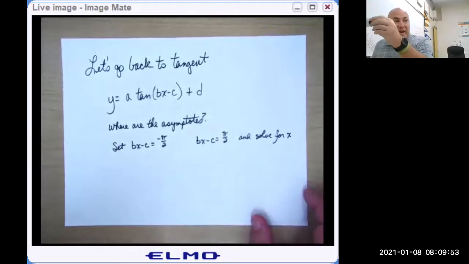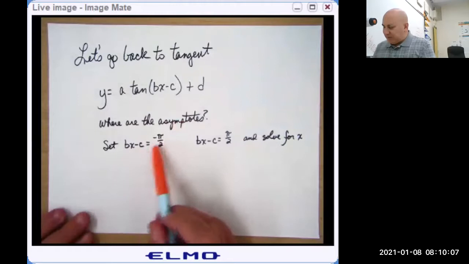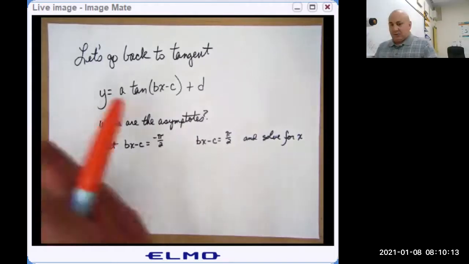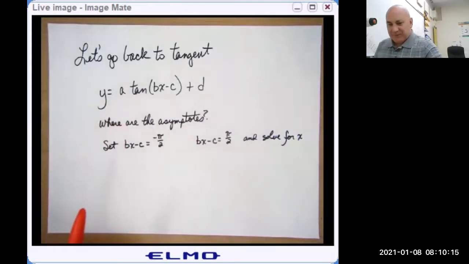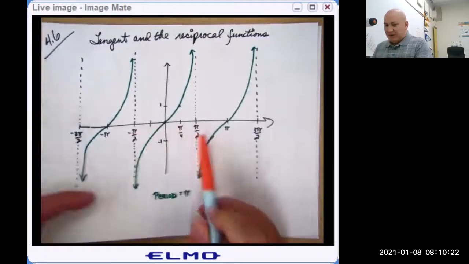So just like we had the generic sine and cosine equation, now we have a generic tangent equation. So where are the asymptotes? You set x equal to negative pi over 2 and pi over 2, because, there's my graph, that's where the asymptotes are, at negative pi over 2 and pi over 2.